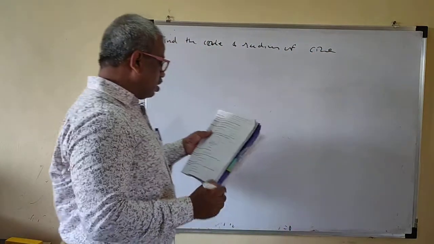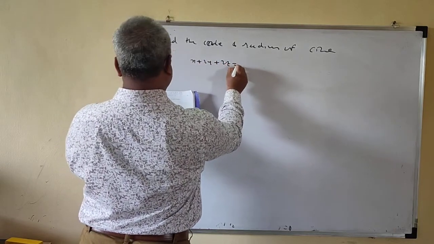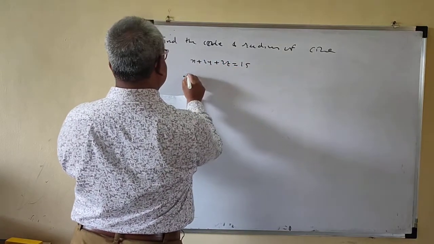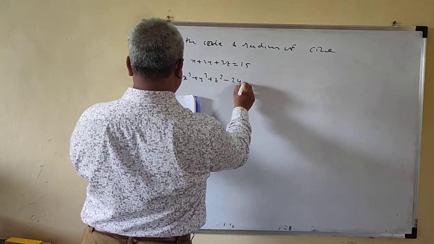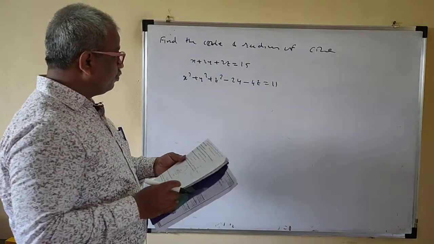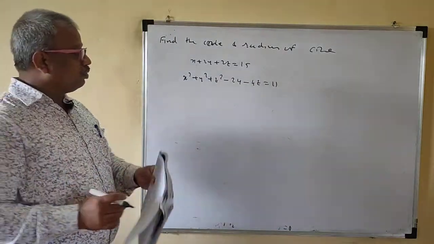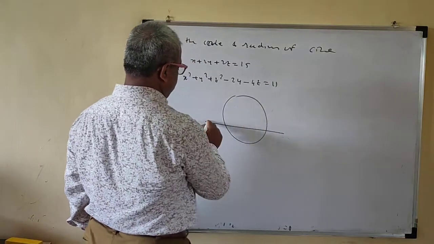Suppose the plane is x plus twice y plus twice z is equal to 15, and the sphere is x square plus y square plus z square minus twice y minus 4z is equal to 11. Suppose this is given to you, so this is a circle, and this is your plane.